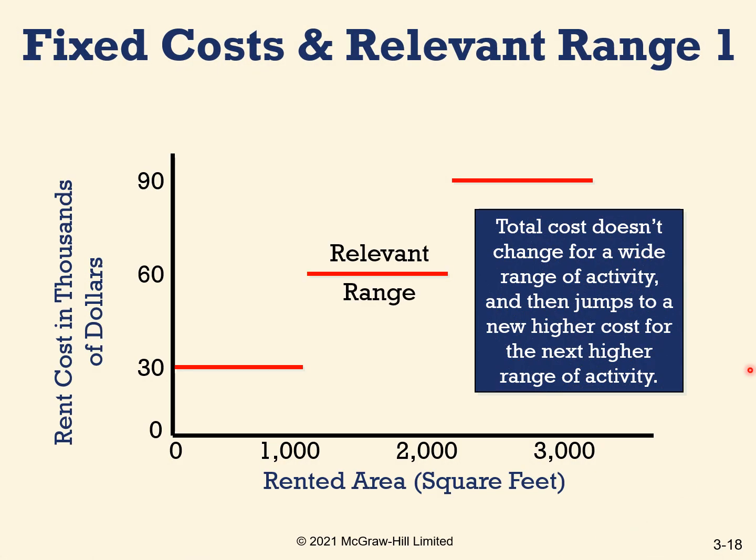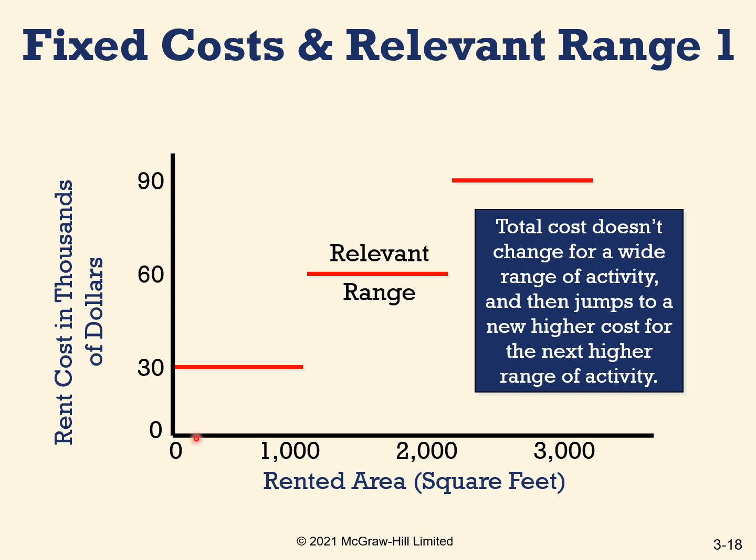So as we can see again, for fixed costs in the relevant range, total cost doesn't change for a wide range of activity and then jumps to a new higher cost for the next higher range of activity. So looking at this example of rent, we have our rent cost in thousands of dollars and then our rented area.